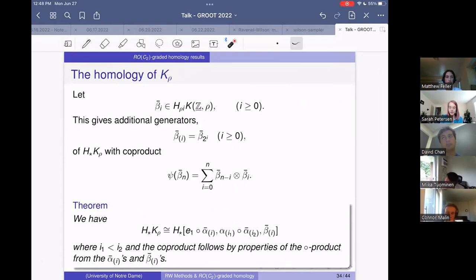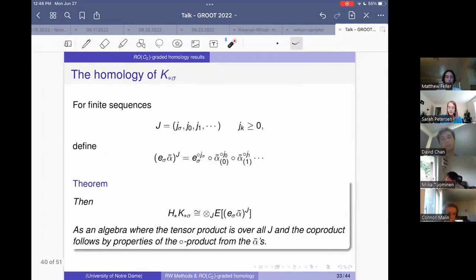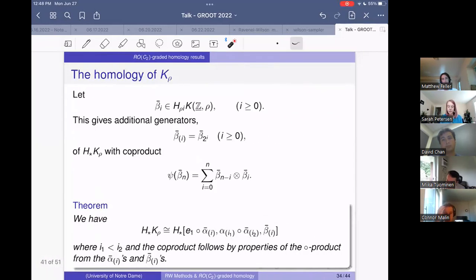And the homology of K rho is exterior on these generators. Something that's interesting to notice is for these sign representation spaces, this answer ends up mirroring the non-equivariant answer at the prime 2. However, when we begin working with mixed representations, we have these additional generators and we have an answer that's looking a bit more like the non-equivariant answer at odd primes.